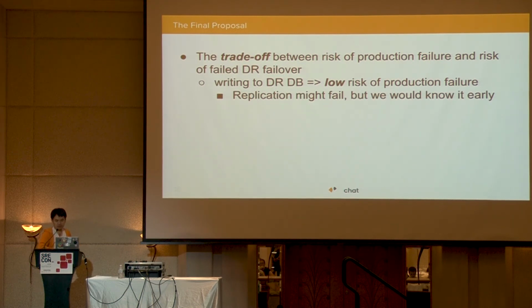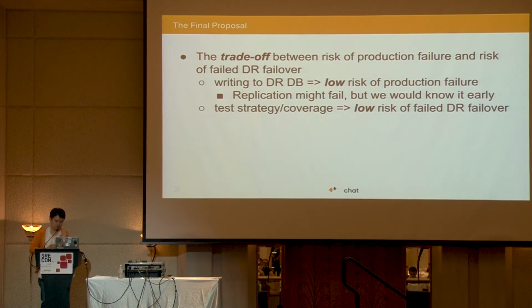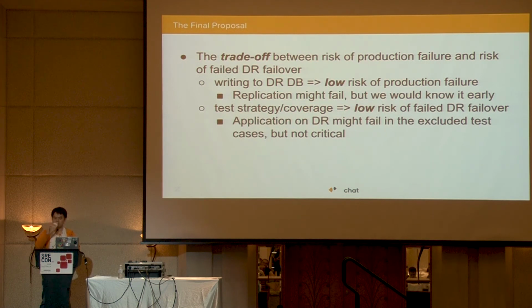If there is an 8 hour lag in replication from DR back to production, we'll know that now. We have monitoring to make sure of that. So in terms of test strategy and test coverage, we are again low risk because we are running most of the tests, except for those that do insertions into the tricky auto-increment tables.